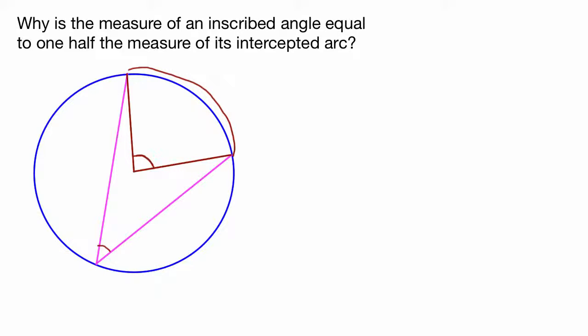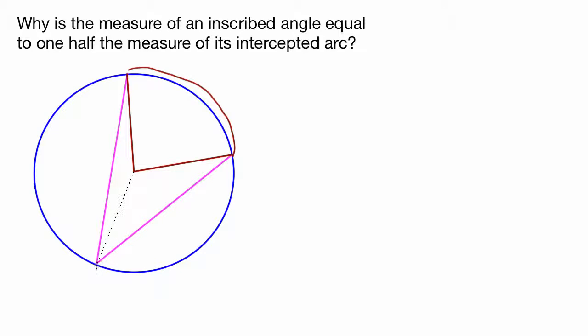I'm just going to delete those two markings so that we can work with some stuff here. I know this kind of looks complicated, but what if I drew in another radius? I want to draw it perfectly straight.